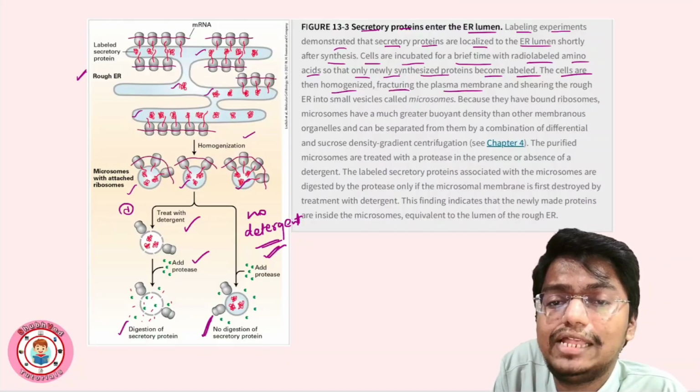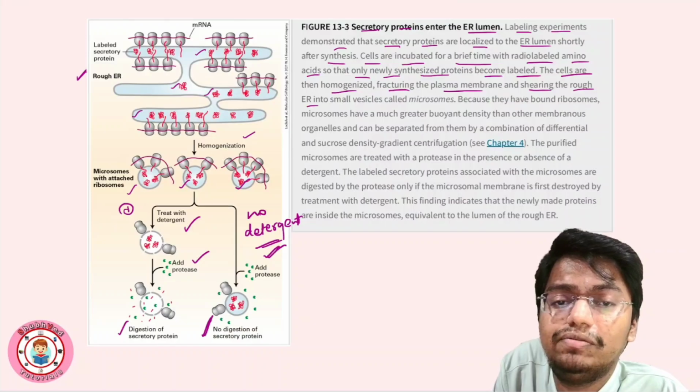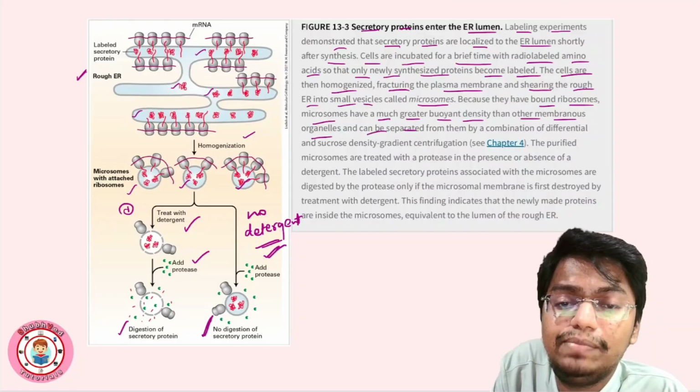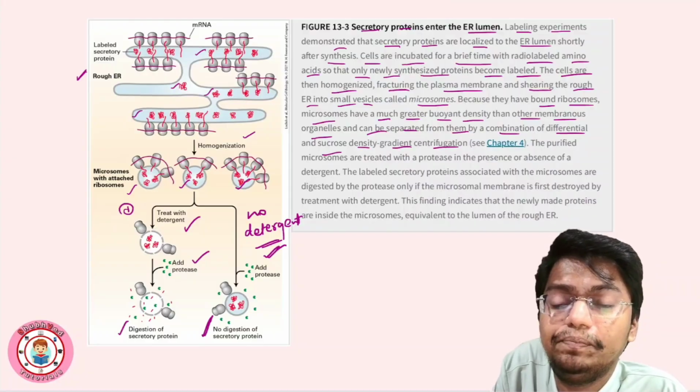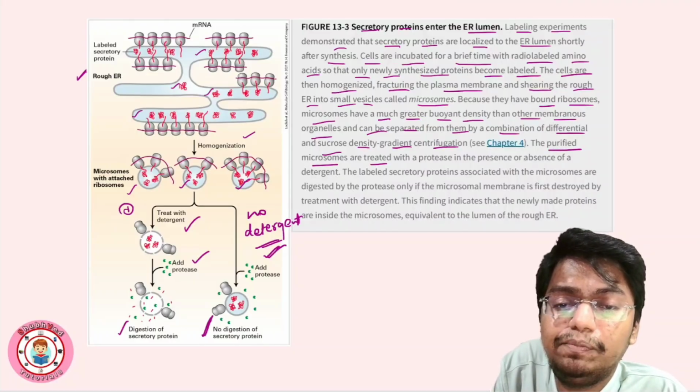फ्रैक्चरिंग द प्लाज्मा मेम्ब्रेन, टीयरिंग द रफ ER into small vesicle called microsome. Then because they have bound ribosomes, microsomes have a much greater buoyant density than other membranous organelles and can be separated from them by a combination of differential and sucrose density gradient centrifugation. जो हमने देखा अभी जो purified microsomes है are treated with protease.